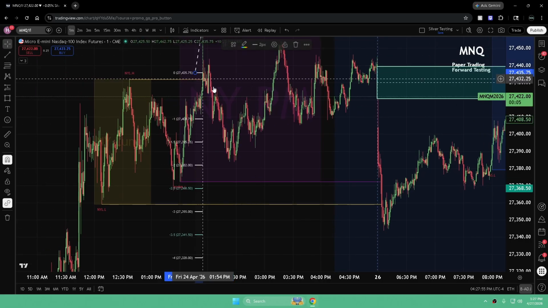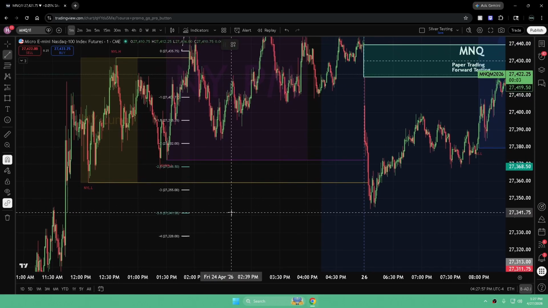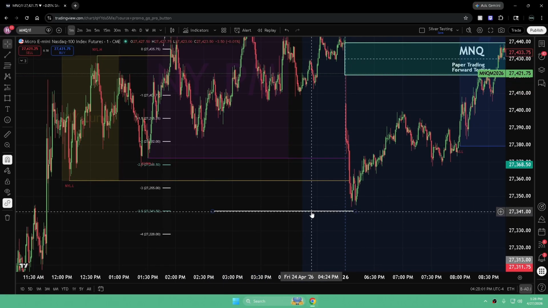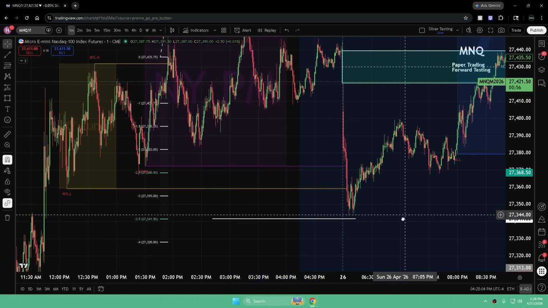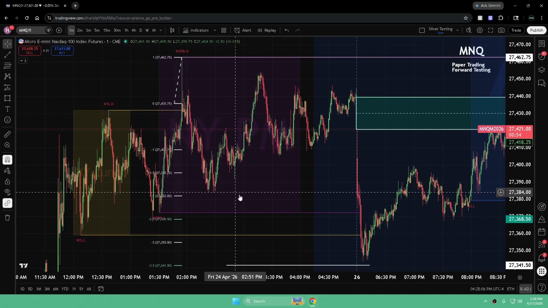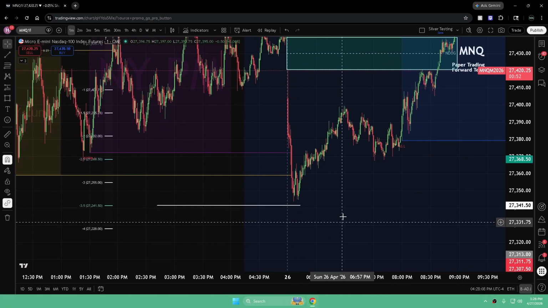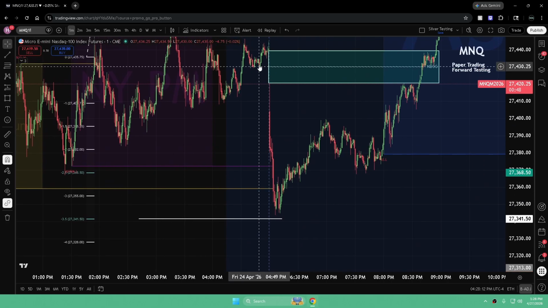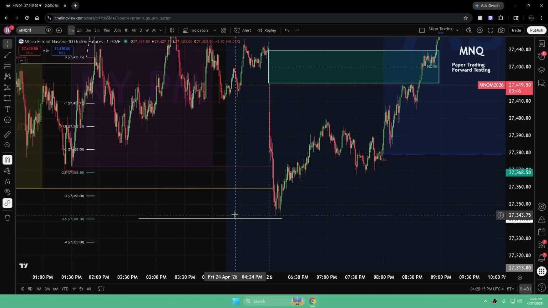So we have that, and we have our 3.5 where we barely miss. But yeah, you get the idea. So we marked out our manipulation, and this is what our projections have for now. So we manipulate down towards our 3.5.